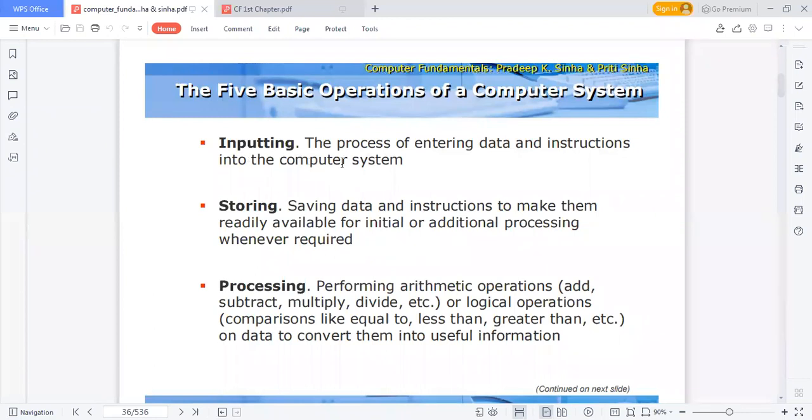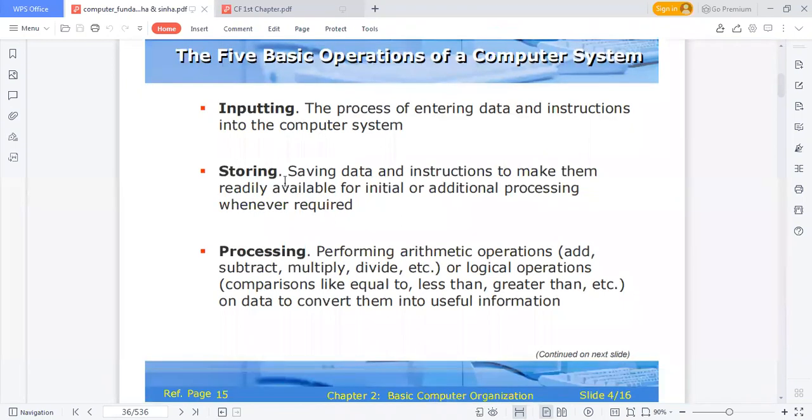So the first basic operation is inputting. Then you have to store: saving data and instructions to make them readily available for initial or additional processing whenever required. After inputting the data with the keyboard or any other external devices, you have to store the data. So storing is the second basic operation.